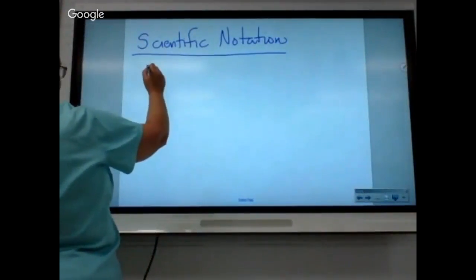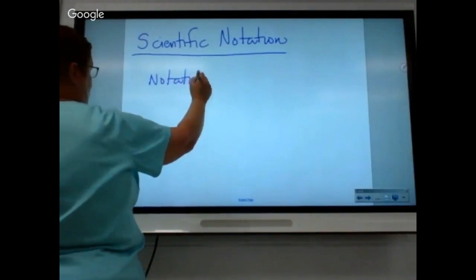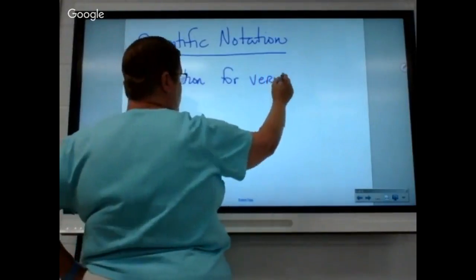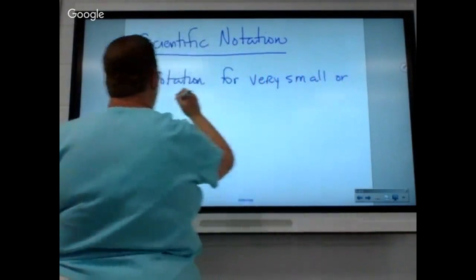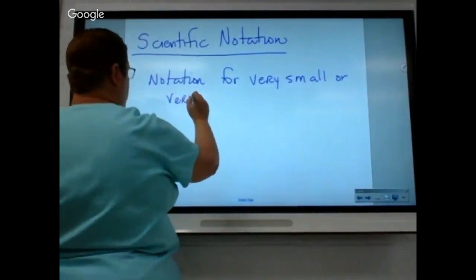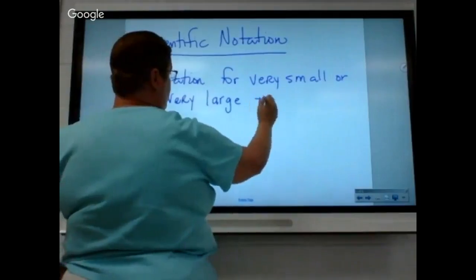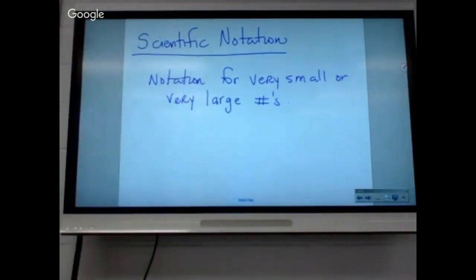And you would have talked about the fact that this is notation for very small or very large numbers. Okay? It's notation for very small or very large numbers.